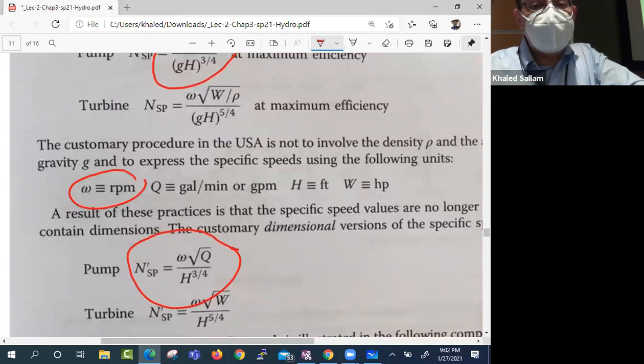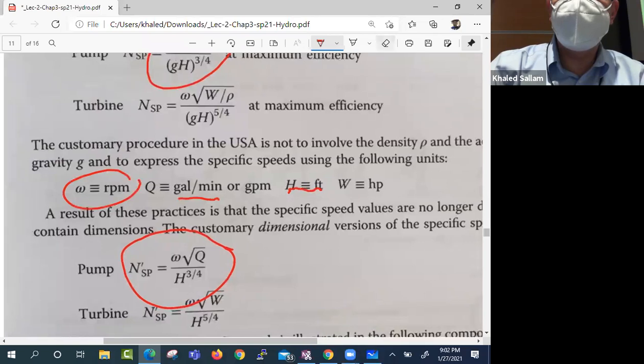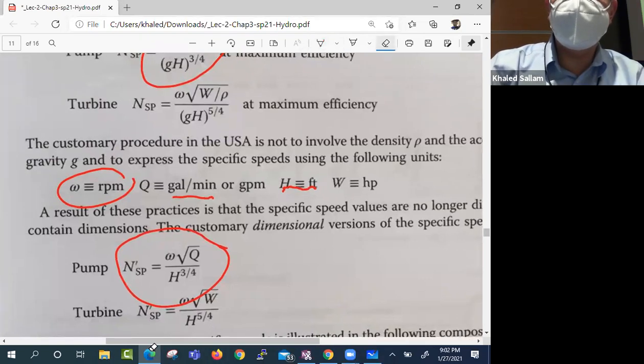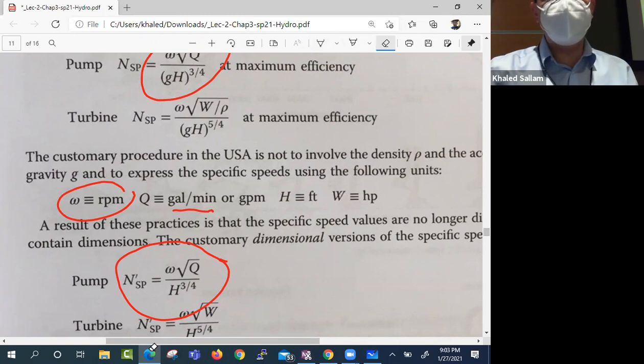Okay. And the Q is gallon per minute and the H is in feet. So those units are very convenient for us, because RPM makes sense. People will understand the RPM and the head in feet and the Q in gallon per minute, although that's not the right way to use it. If we're going to use SI, we don't calculate Q in gallon per minute, right? What do we use for Q?